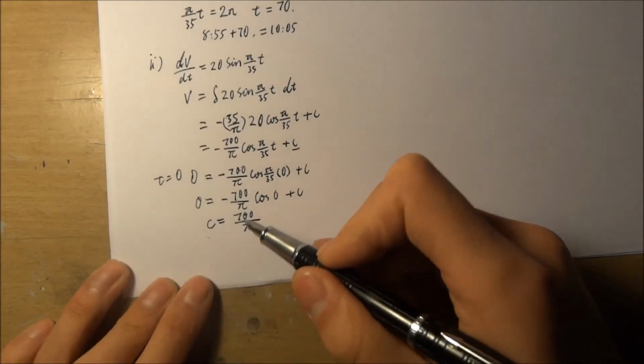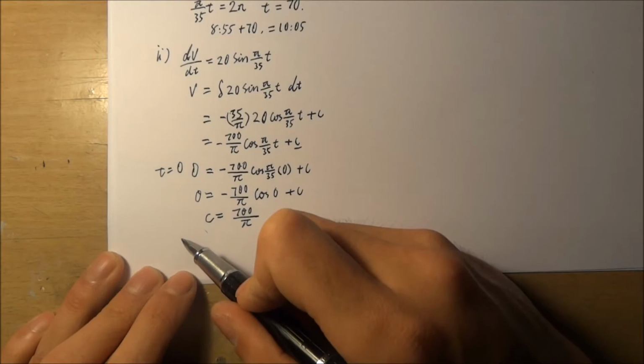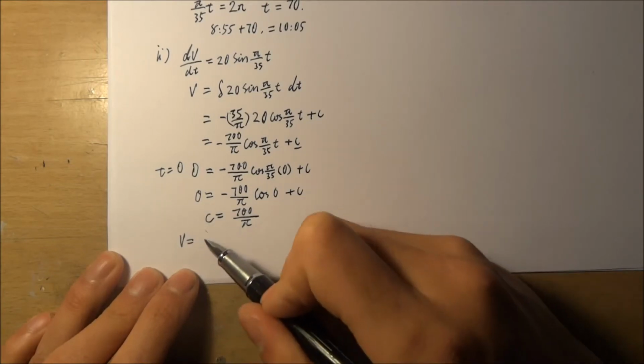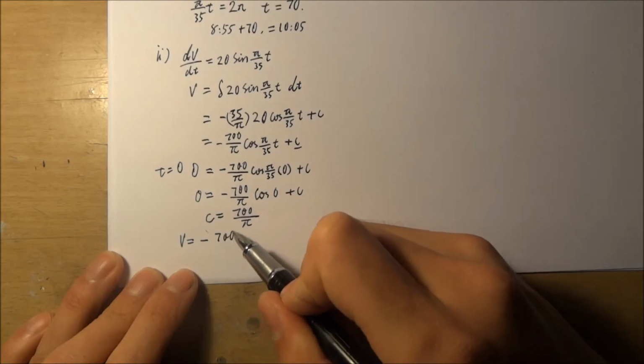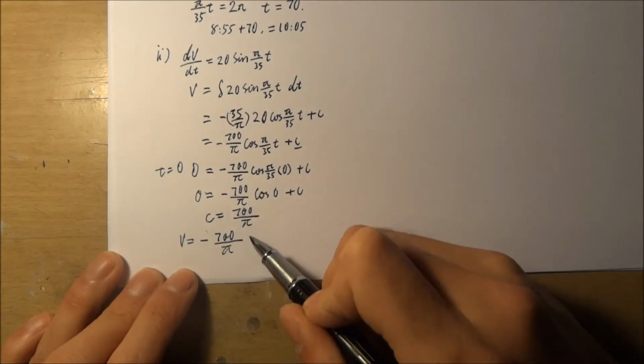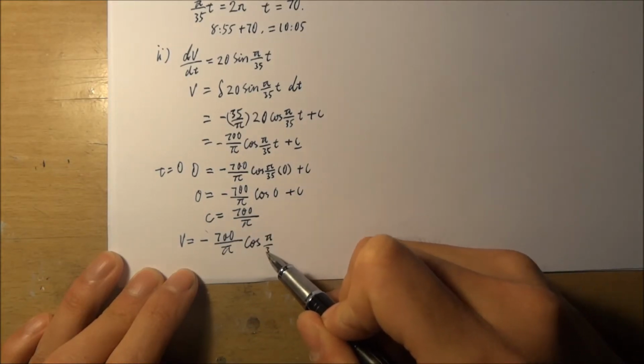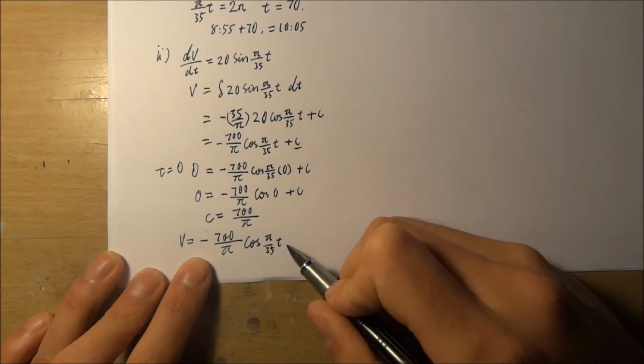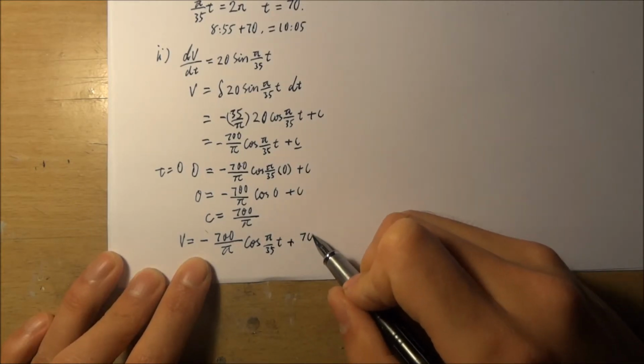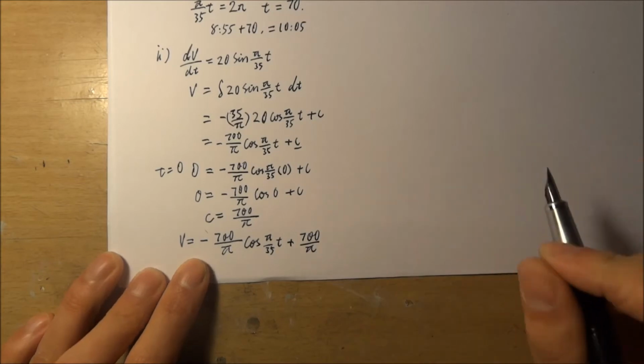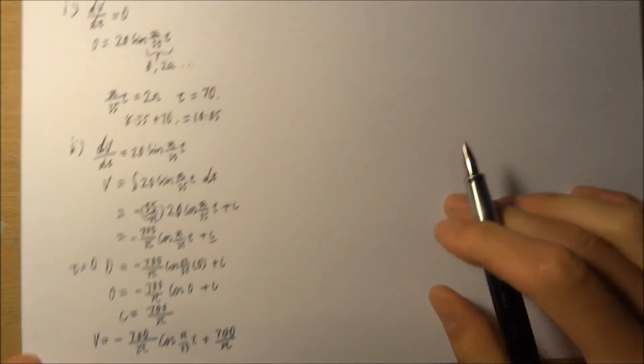So the complete equation of volume with respect to time will be V equals minus 700 over pi cosine(pi over 35 t) plus 700 over pi. So that's pretty much it.